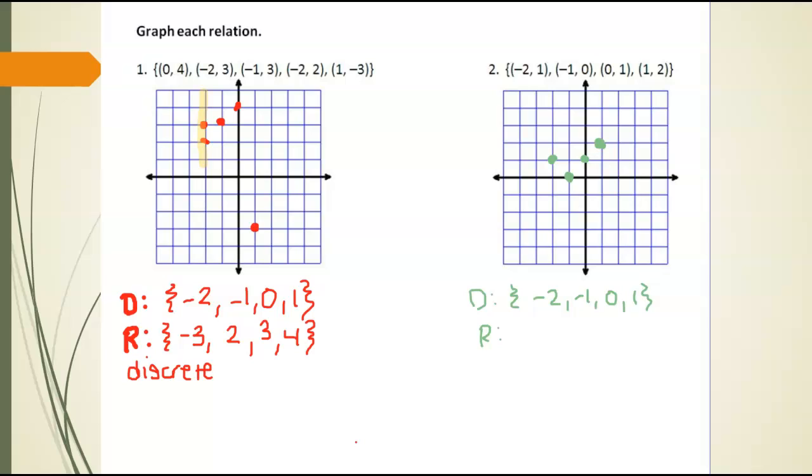My range is the set of y's, 0, 1, 2. And this looks as if I could connect it nicely. I could draw that line in there, connect my points. So this is continuous.